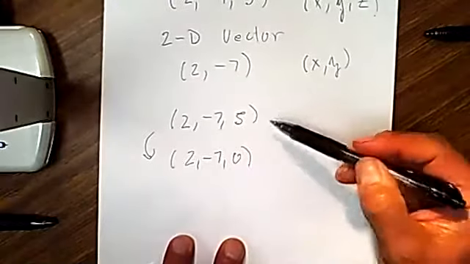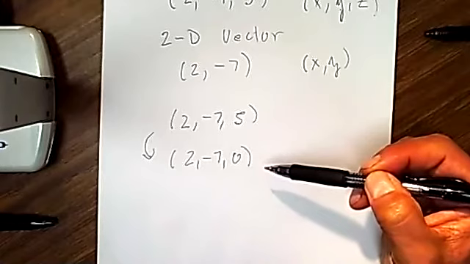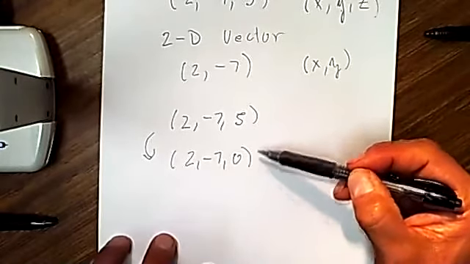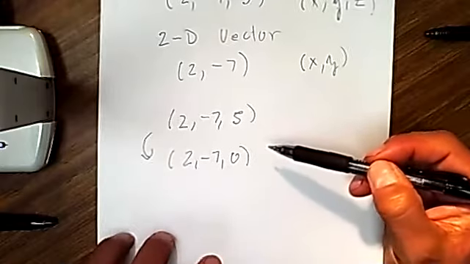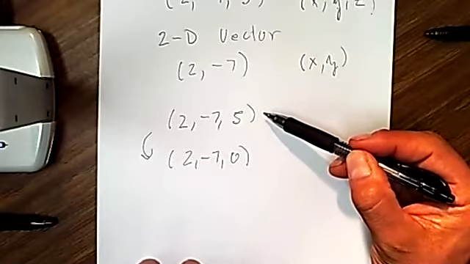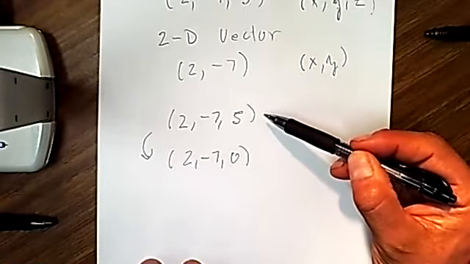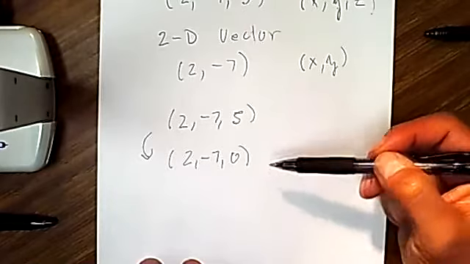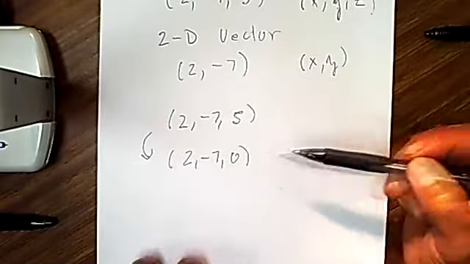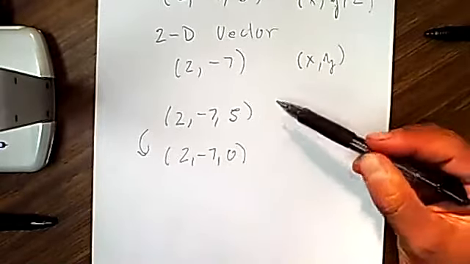That would be a projection of those three into the XY plane. Yeah, this is related to three-dimensional coordinate systems, and this could be a representation of a point in 3 dimensions, and if we project that point into the XY plane, then we end up with this new vector. But let's not get ahead of ourselves.